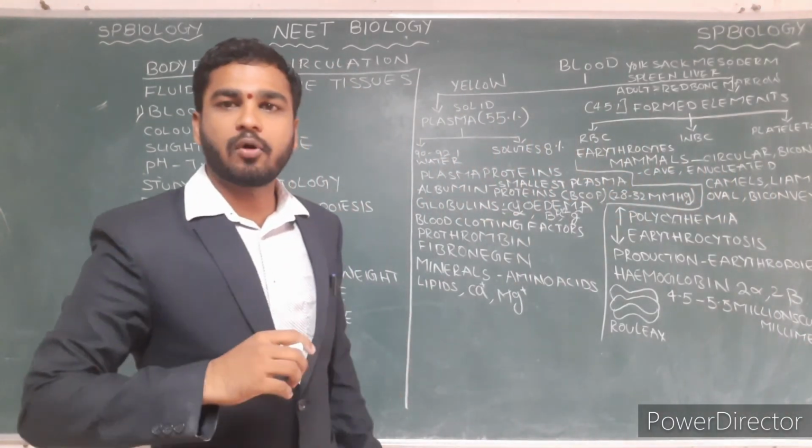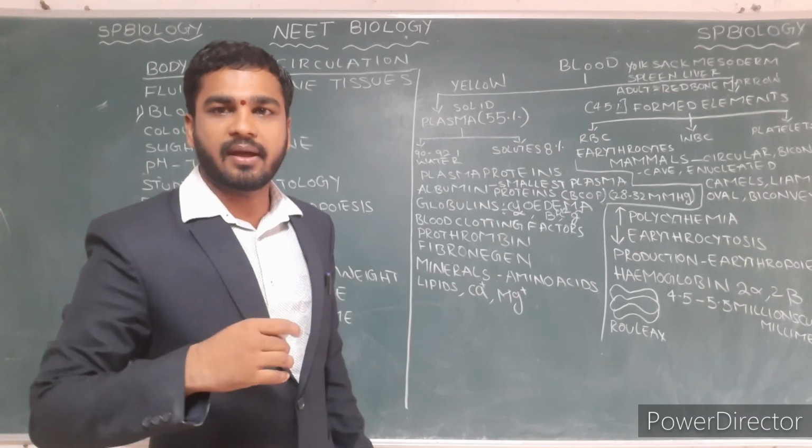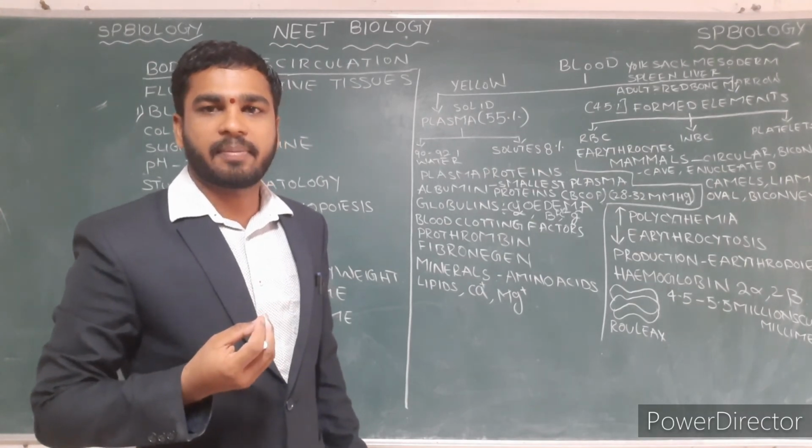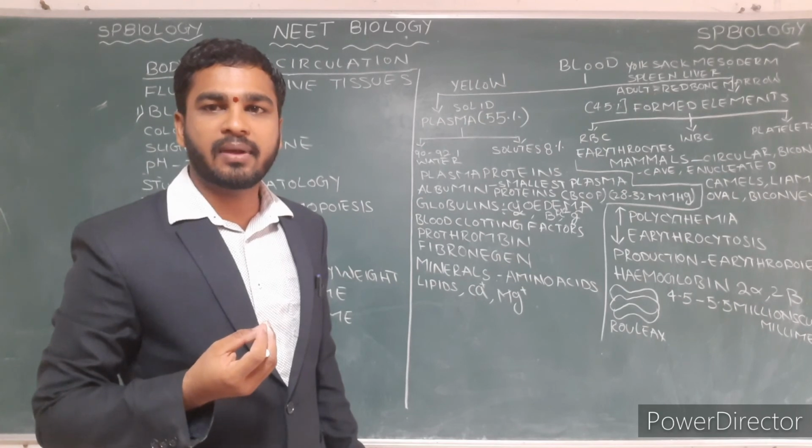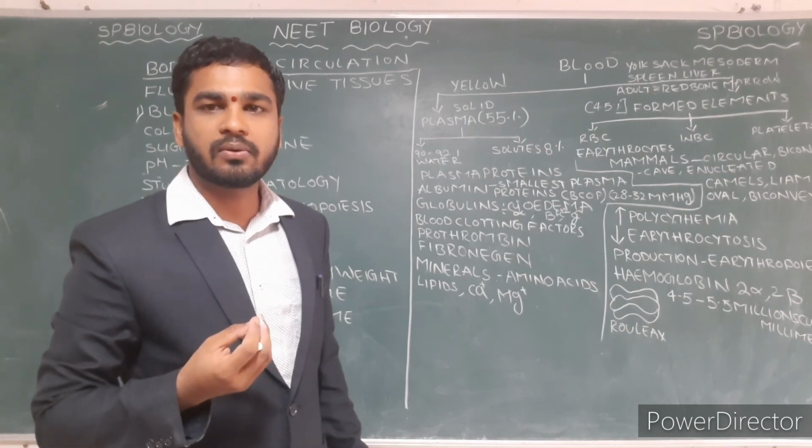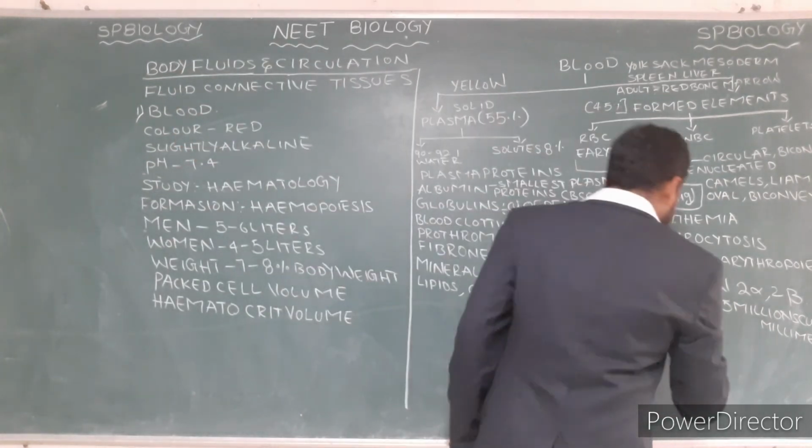The amount of hemoglobin in 100 ml of blood is 12 to 16 grams.